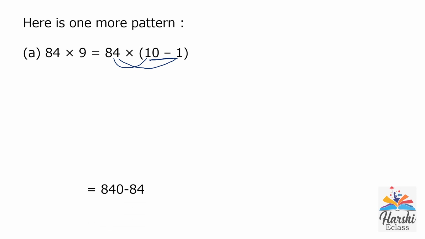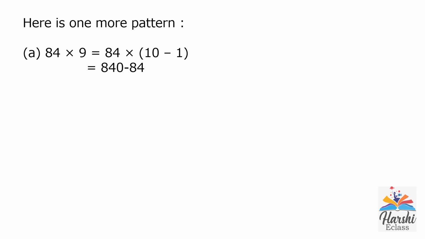Here is one more pattern. How to do multiplication with 9, 99, 999. Let's see that. 9 we can write as 10 minus 1. After that, multiply. First multiply 84 with 10. Then 84 ones are 84. That is 840 minus 84.